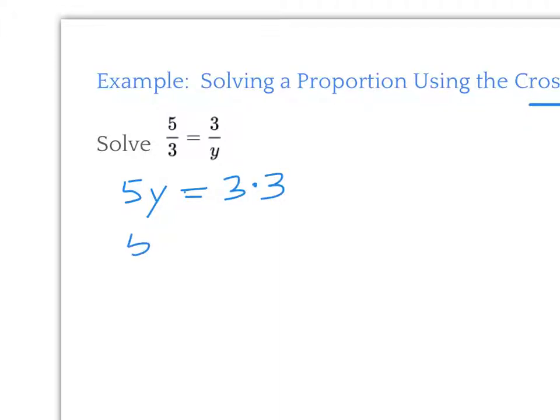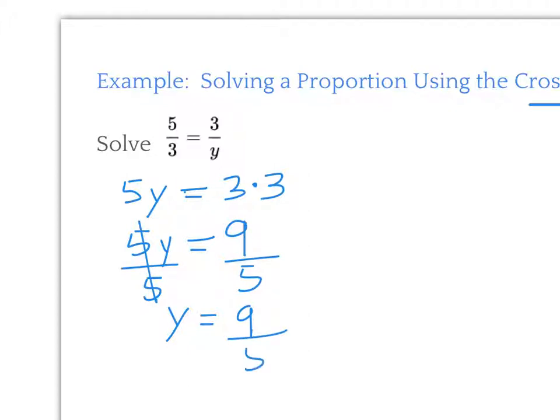So I end up with 5y equaling 3 times 3, which is 9. Now I can divide both sides by 5, and 5 over 5 is 1, so y equals 9 over 5.